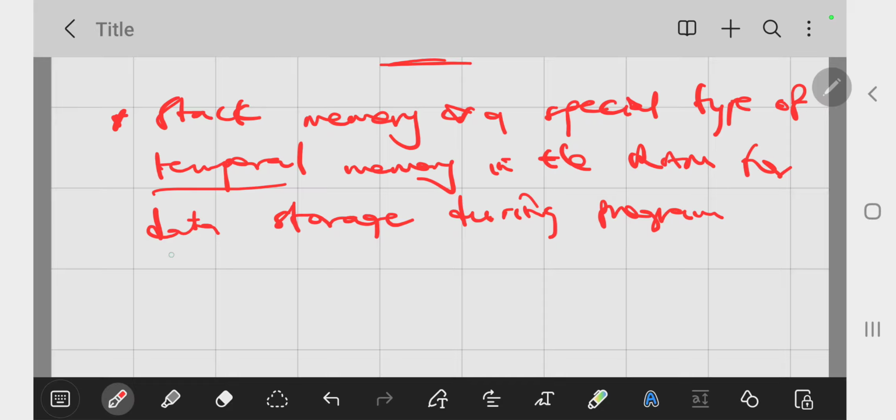And we understand this better, the concept of program execution, in the example which we're going to look at at the end of the video.